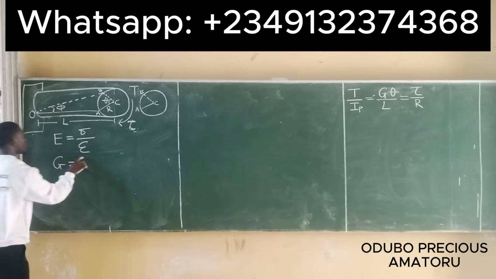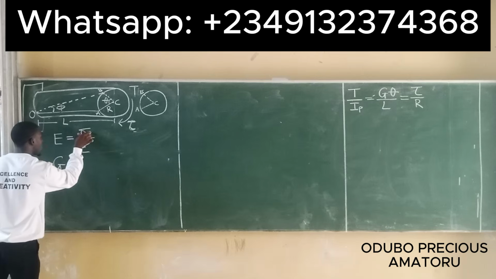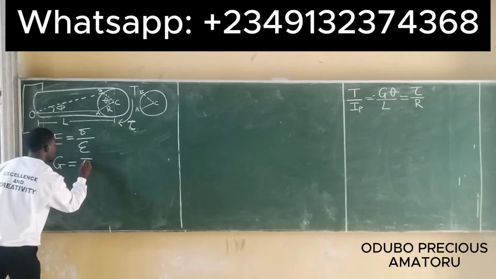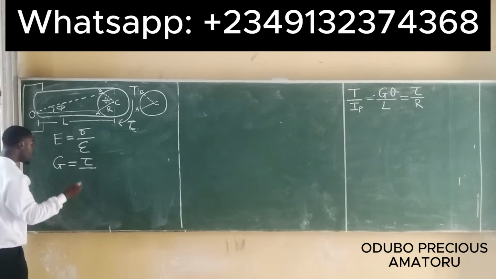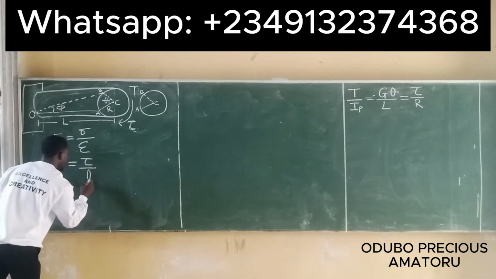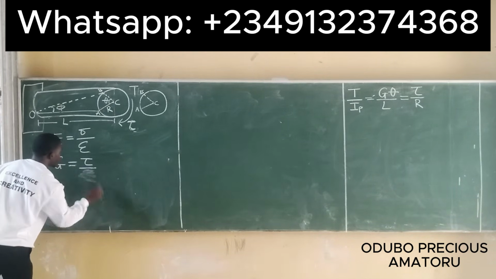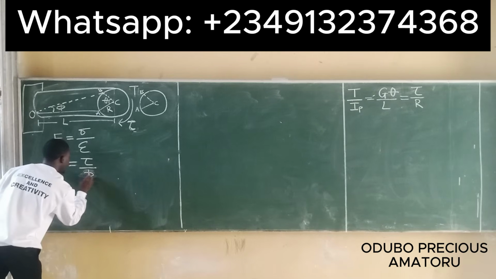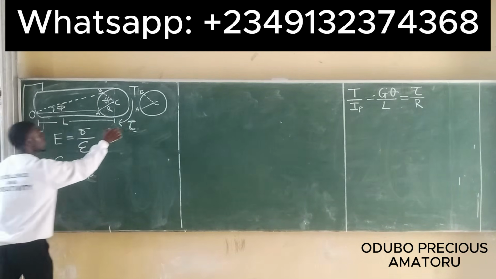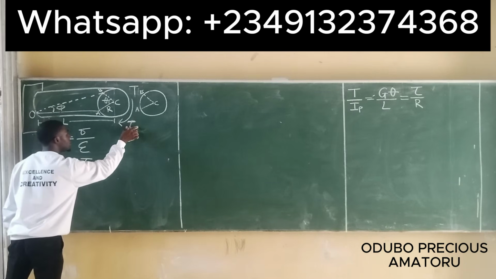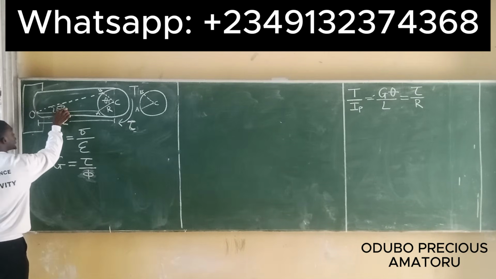Modulus of rigidity is equal to, here is normal stress, but here we have shear stress, which is tau, all over shear strain, which is denoted as this. So when torque is applied to the shaft, it's going to observe a shear stress and a shear strain.